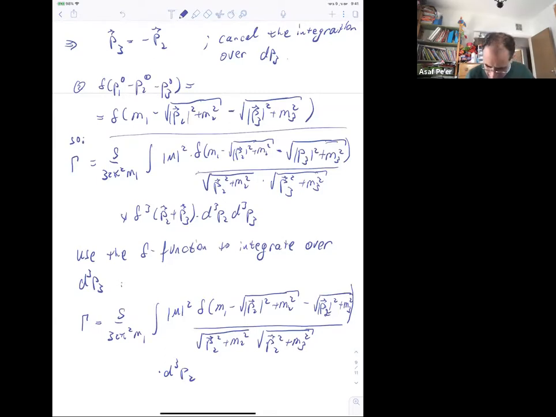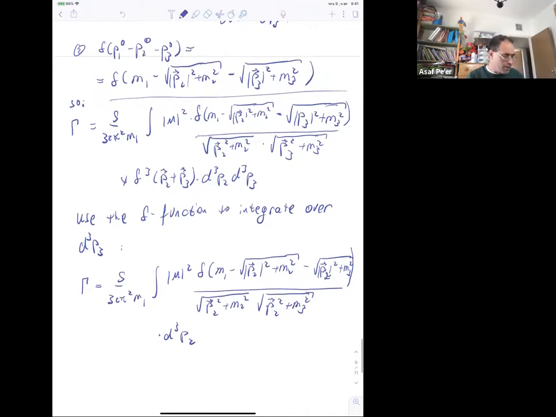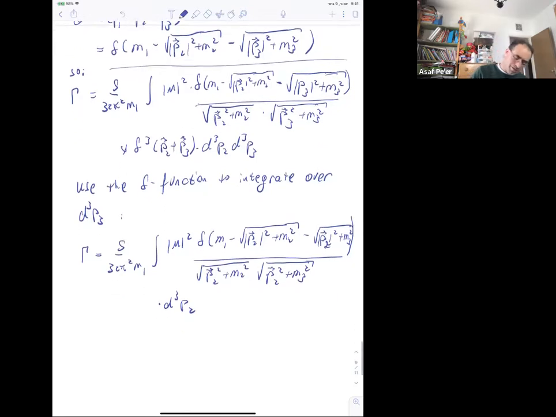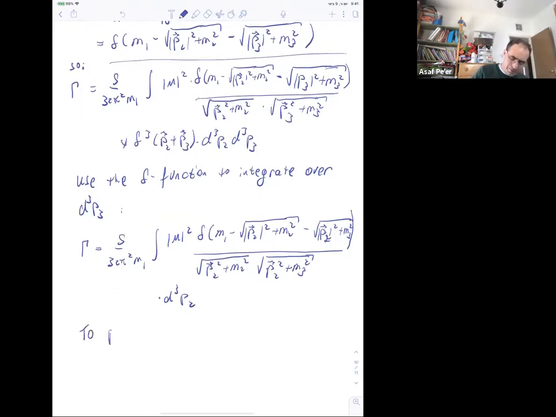So to proceed, it's best to work in spherical coordinates, but it's really spherical coordinates in phase space, because P is the momentum.